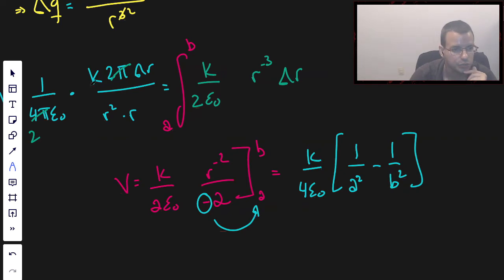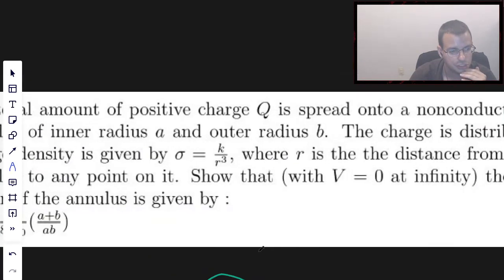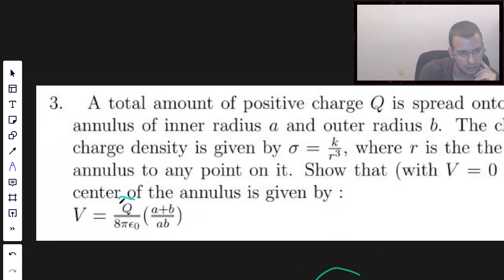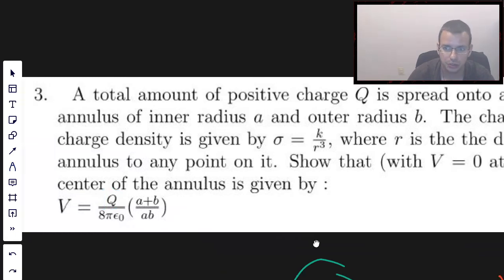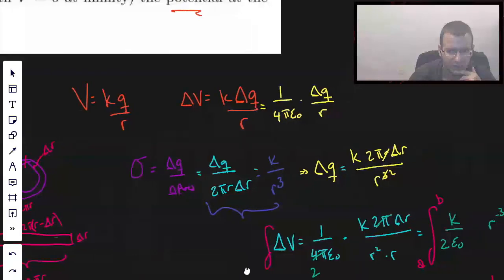So the issue then, so this is our answer, but they want us to show it in terms of Q without the constant K, which we can totally do, I think. We're going to go for that.